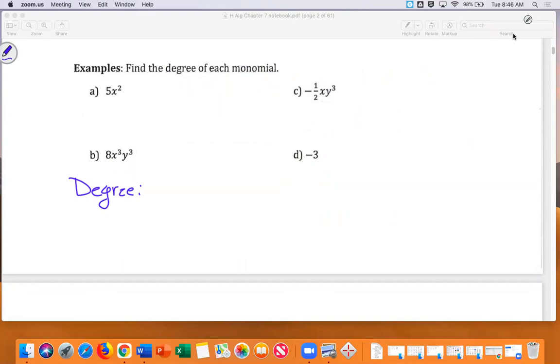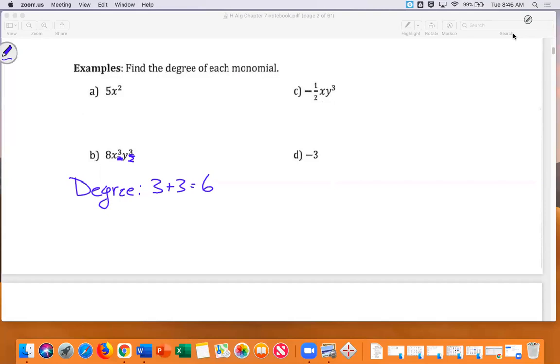Ms. Salazar, what would you say? So what are my exponents in B? That's a coefficient, so 3, right? You see another exponent? Yes. What's 3 plus 3? You okay with that? Yes.